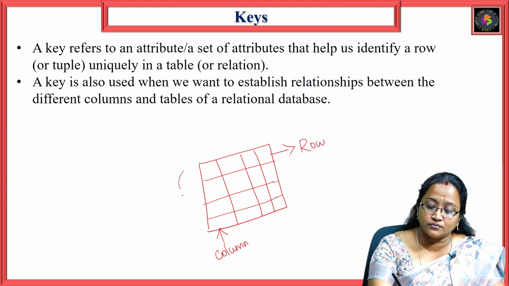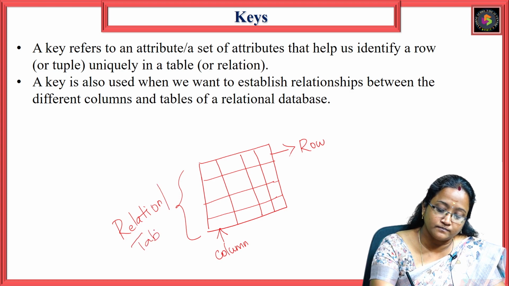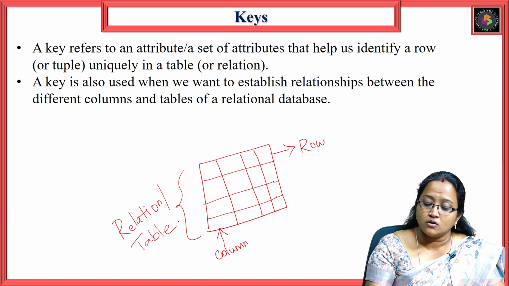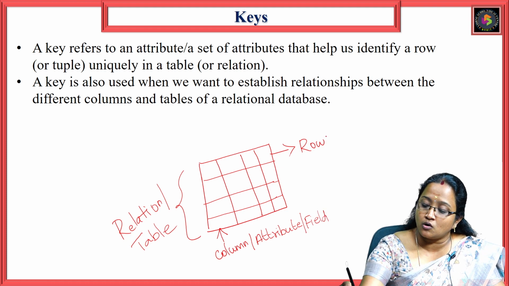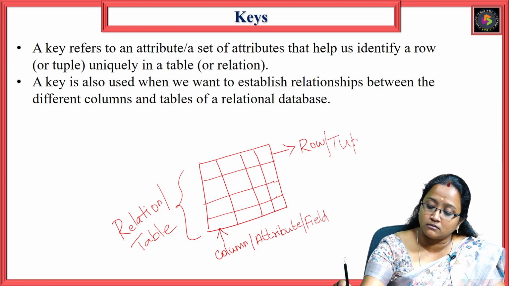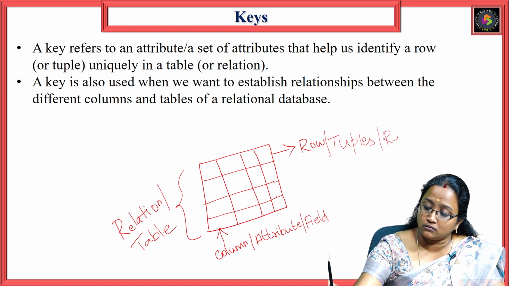The combination of this one we are saying is a relation or table. Columns are also called attributes or fields. Rows are also called tuples or records.